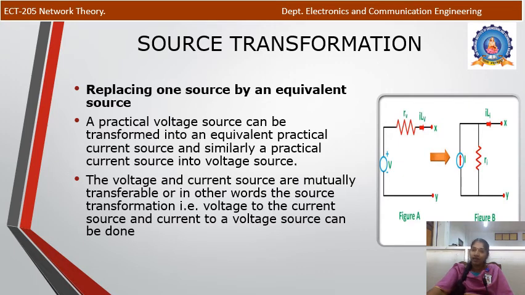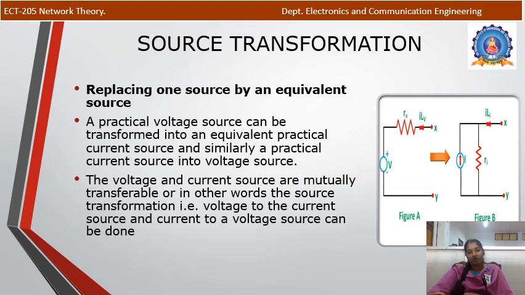Always keep in mind that for a series connection the voltage will be different, and for a parallel connection the voltage will be the same, right? Similarly, for a series connection the current will be the same, and for a parallel connection the current will be divided. You have to keep that principle in mind during source transformation.